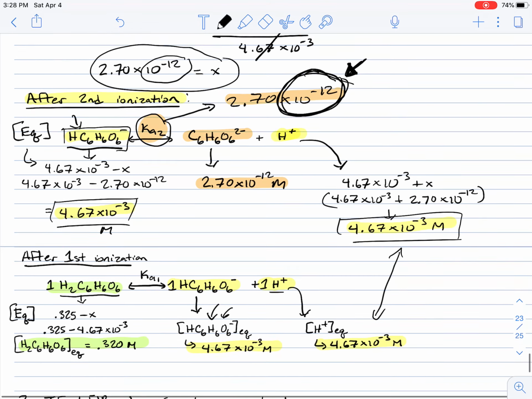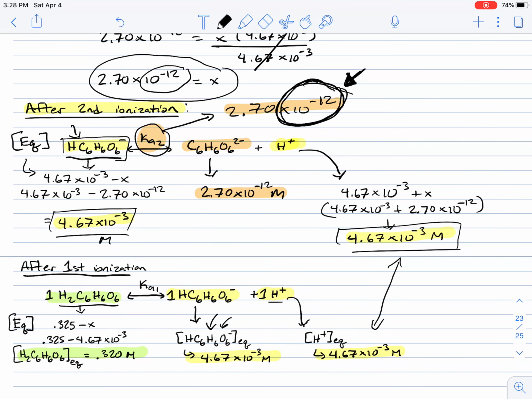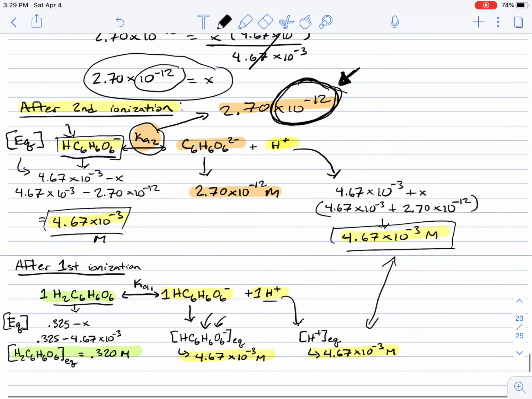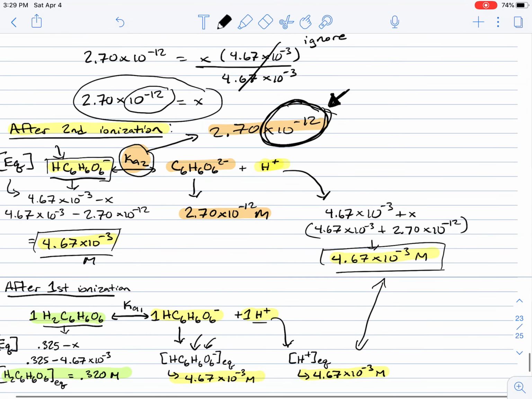If you were to calculate it for the first ionization and compare that to the second. And so I'm just going to go ahead and put a little note here.